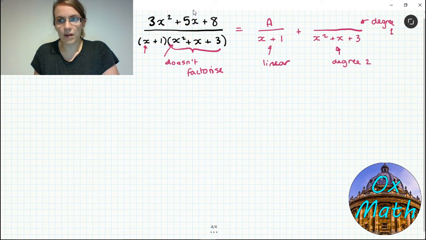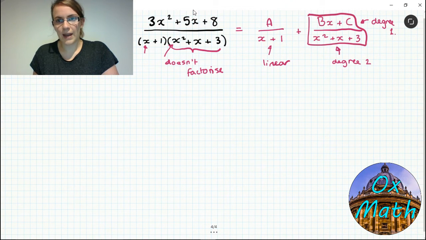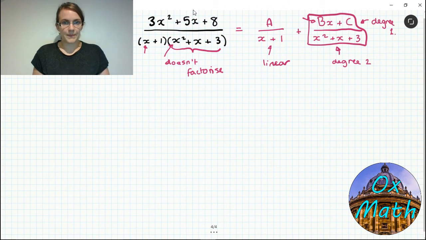It no longer is certain that it is just a constant. We might actually have an x term in there as well, and it will still be proper. So we need to consider that by saying we might have bx plus a constant c. This whole fraction here is still proper, but we need to allow for the fact that there might be an x term. Again, it might turn out to be 0, but we have to consider that it might be there.